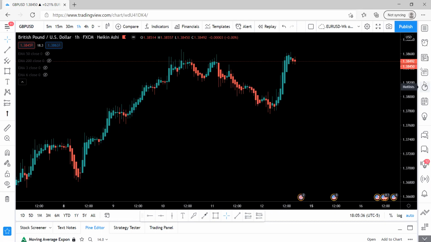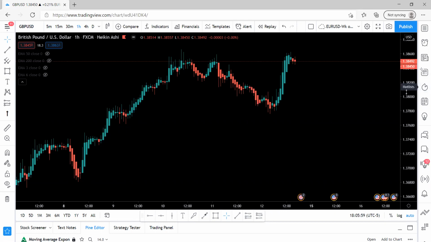You want to look at when they move and look for different patterns. A great way to look for patterns is to look at historical data, and in order to look at historical data, we use a strategy called backtesting. So today I'm going to show you how to backtest your pair, and therefore you can learn a lot of information about it.